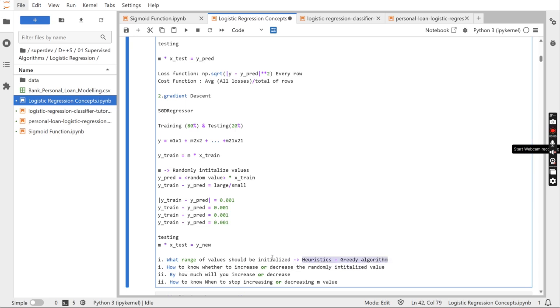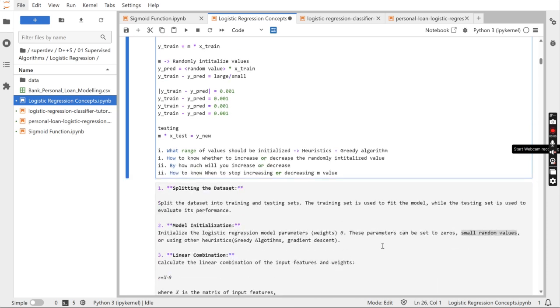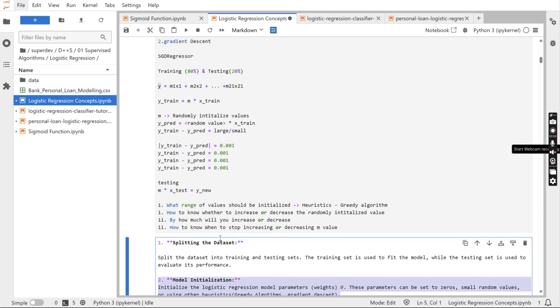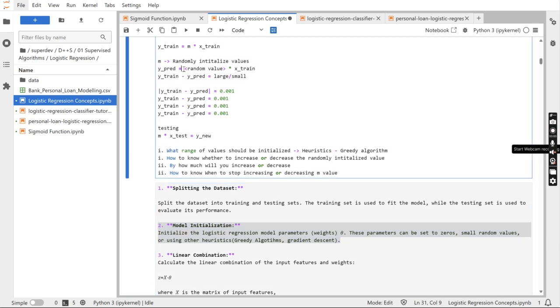Using this algorithm, you can make sure that the values that are initialized are always small, so only a small minor change you will do to get the y value you're trying to get. This is where the model initialization point comes in.